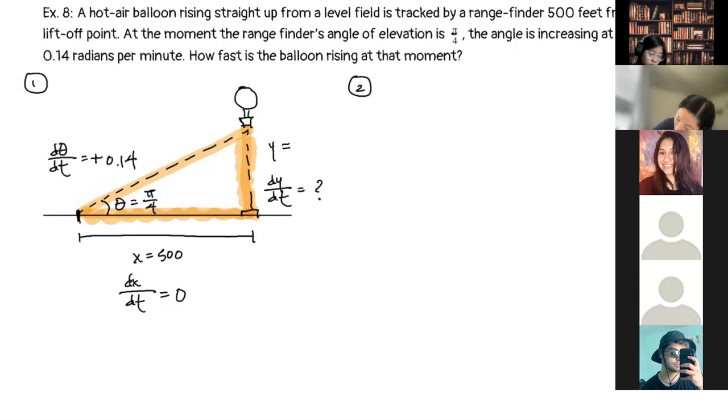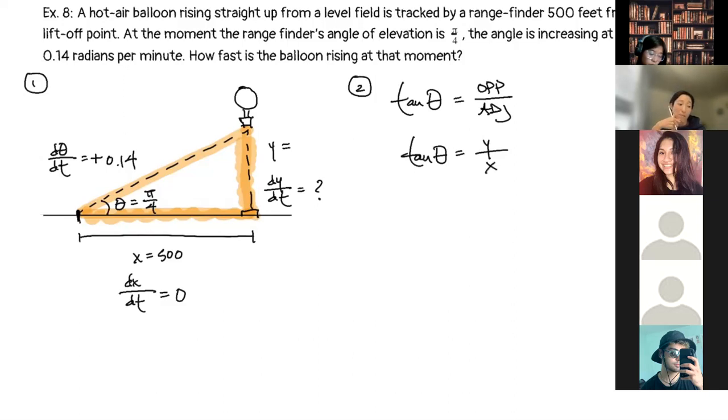So I'm going to write my tangent equation. Tangent theta equals opposite over adjacent. I could even write this as tangent theta equals y over x, since I already have those variables. All right, we've got our equation.